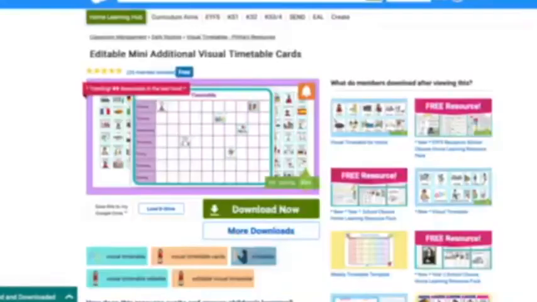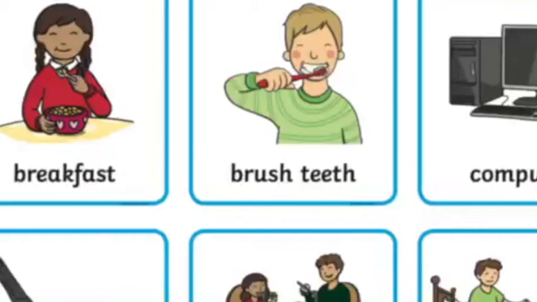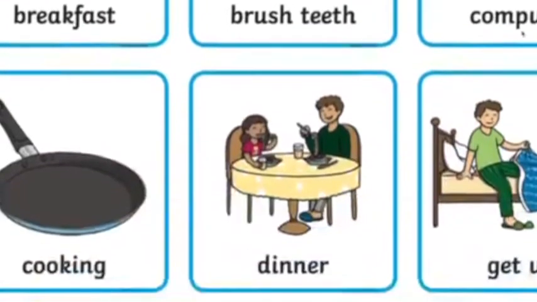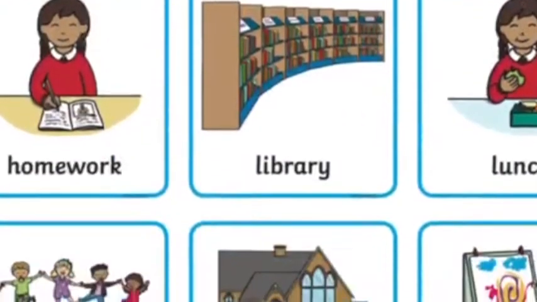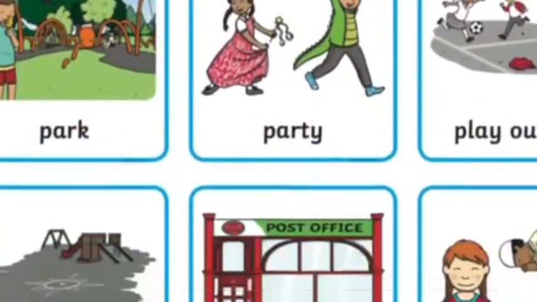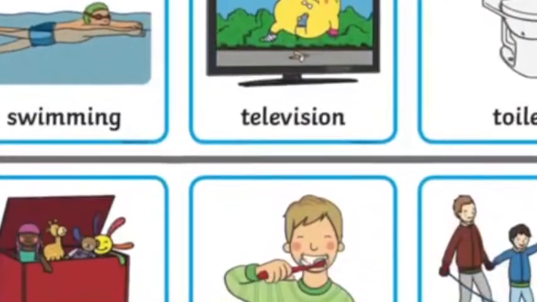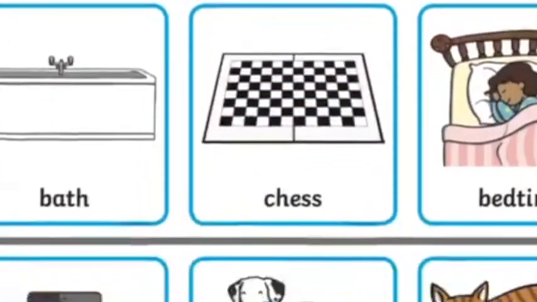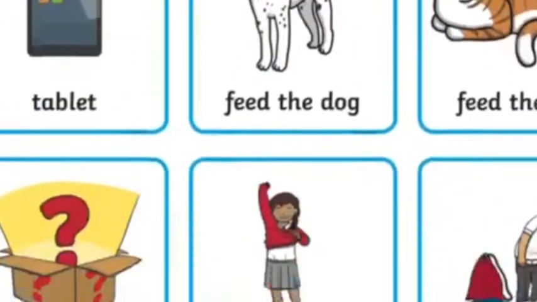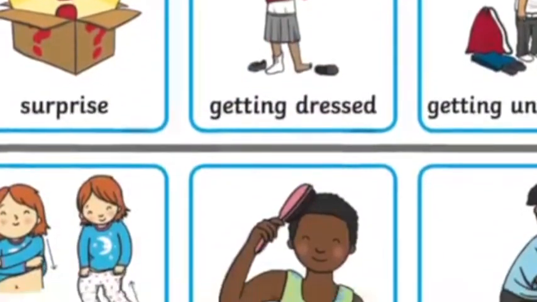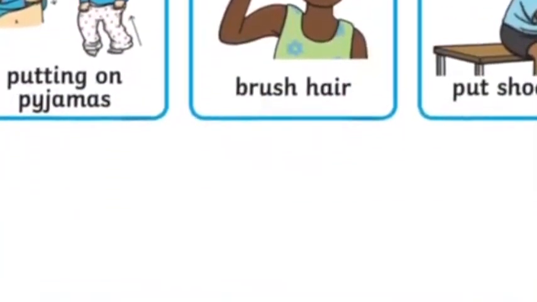So we have got these ones first. These are already here, and what I would like you to do if you want to engage in this task is get your parents to use these cards, spread them all out on the table or the floor, and get the children talking about what's happening in the cards.